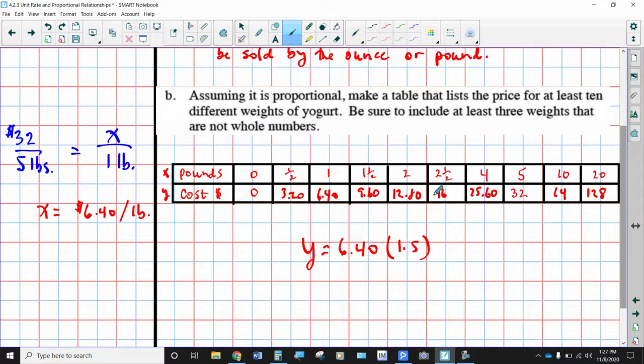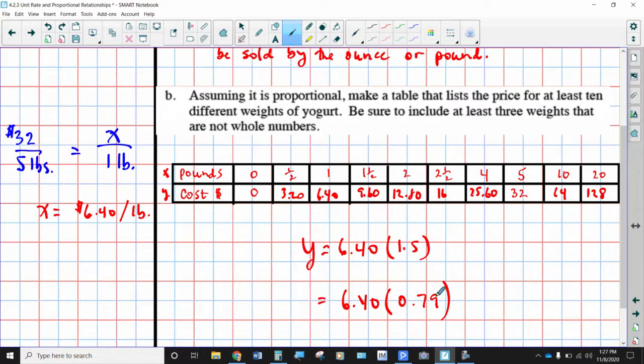So you can look for patterns in the table if you want to set up a table. But really, nothing is easier than finding a unit rate and then multiplying your unit rate times whatever your number of pounds is to find any price. And that's what they do at the store. You're not always going to get an even amount here. So what if you weighed your yogurt and everything came out to 0.79 pounds?